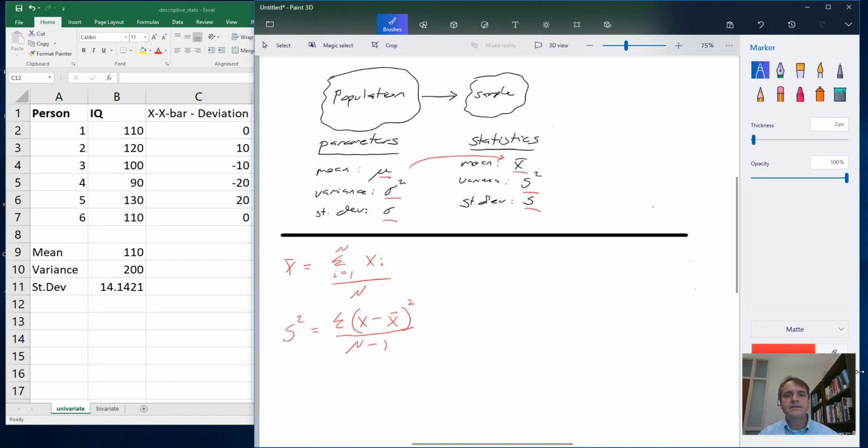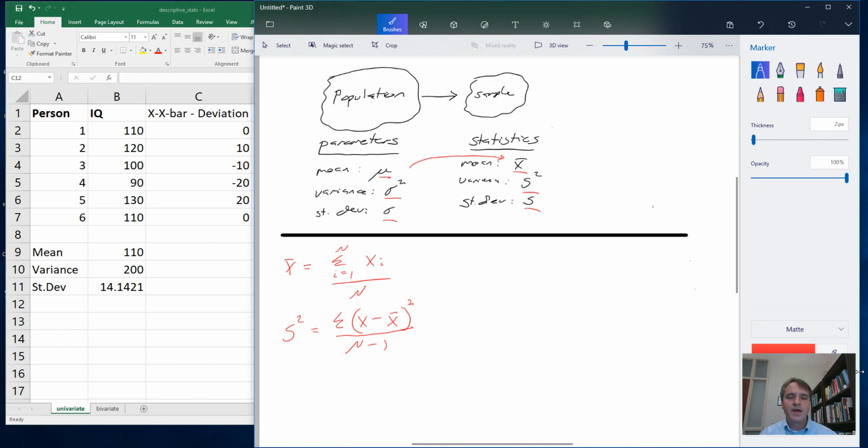But the sample variance, if you were to just divide it by n, actually does not completely represent the variance of the population. What happens is if you divide by n, it tends to give you too small of a value. So the population variance tends to be a little bit more than what would be represented by that sample variance with just n.